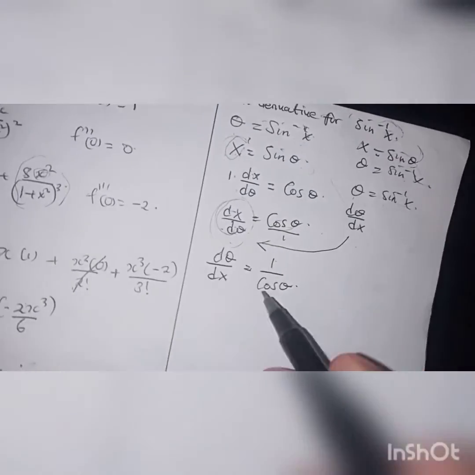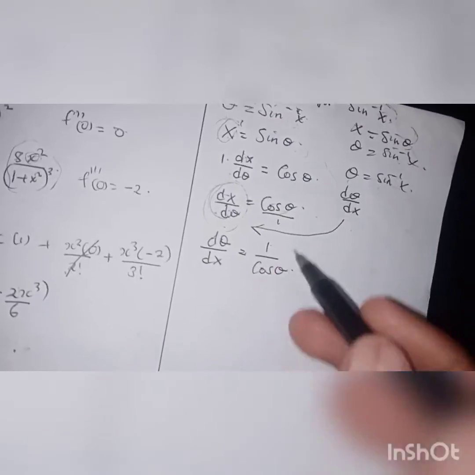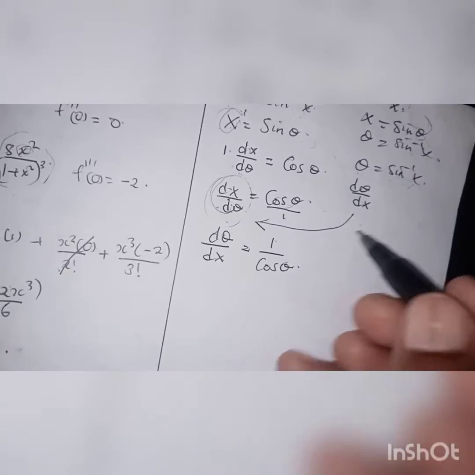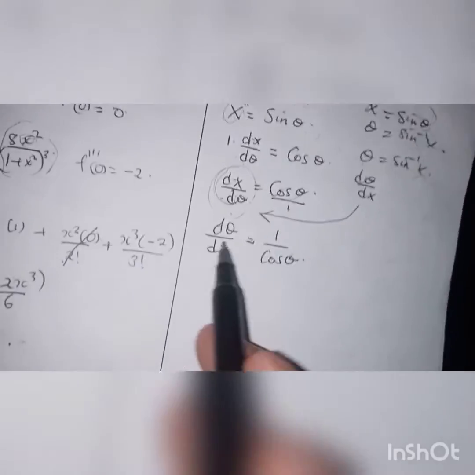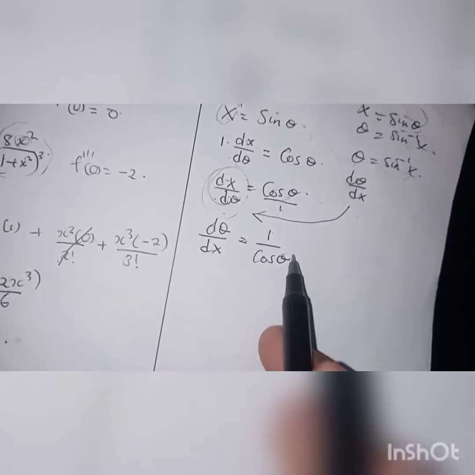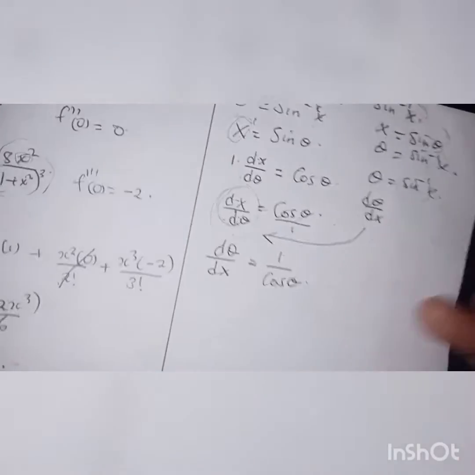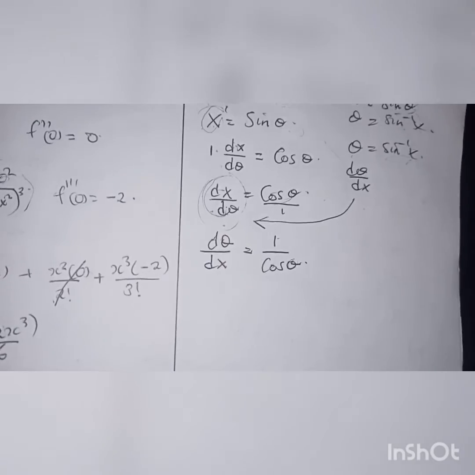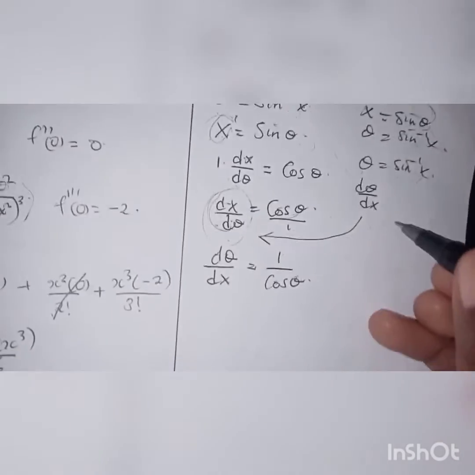So by now we have the derivative, but we have to change theta to be in terms of x. We were differentiating in terms of x. How come here is theta? Now let me show you how we can come up with that value.